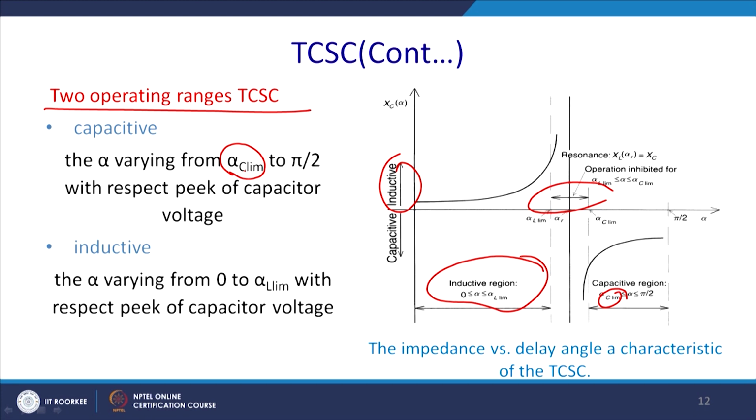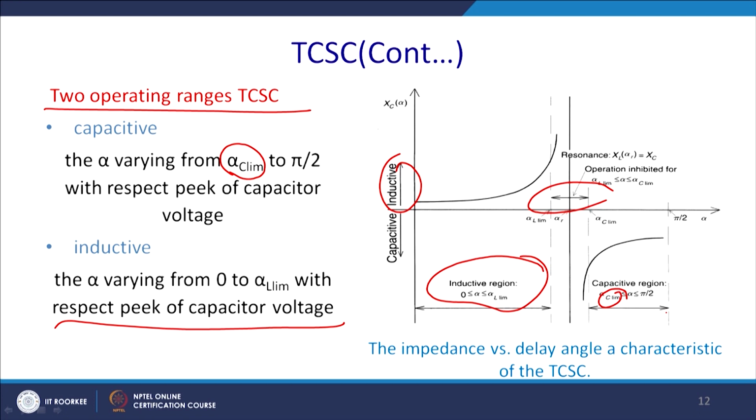Similarly, you will have an inductive mode for alpha varying from the zero crossing of the voltage, 0 to alpha minimum, with respect to the peak of the DC capacitor voltage. Thus, this is the characteristic in the inductive region. This can change from alpha 0 to alpha minimum, and here it can change from alpha to pi by 2.